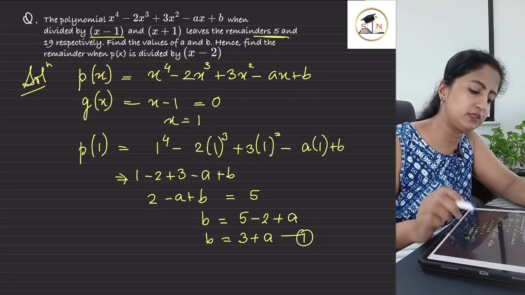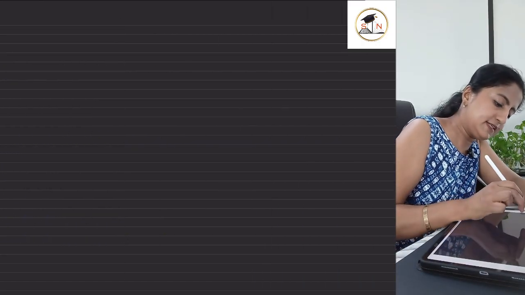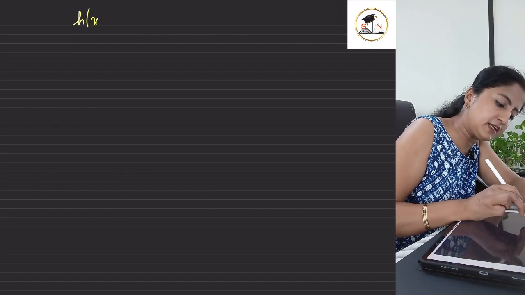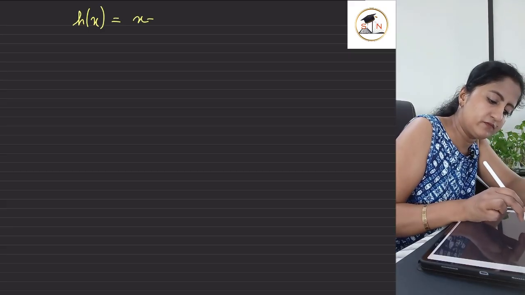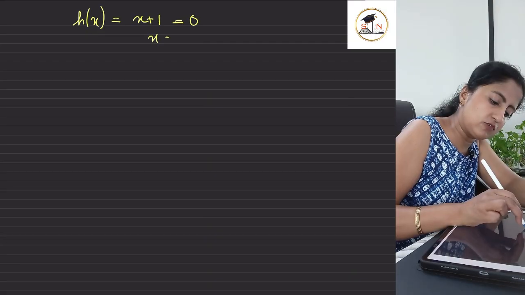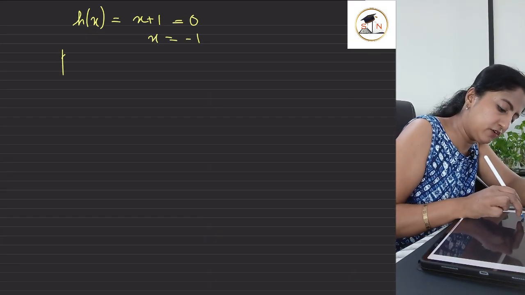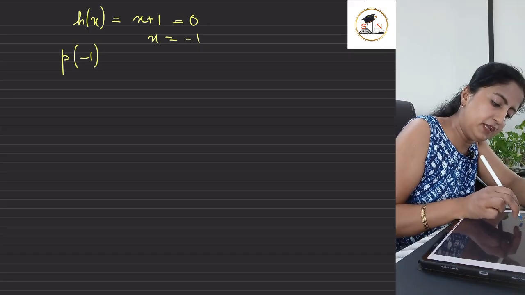Now, we will start with the second factor, which is x plus 1. So, let's start for that. I'll name that h(x) as x plus 1. Now, we have to find 0. So, x comes out to be negative 1. Now, we will substitute the value of negative 1 in p.